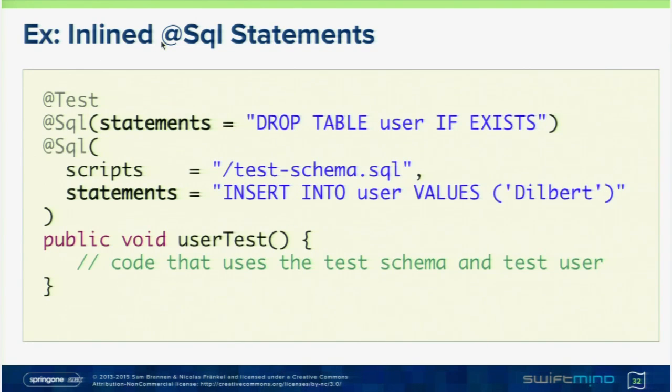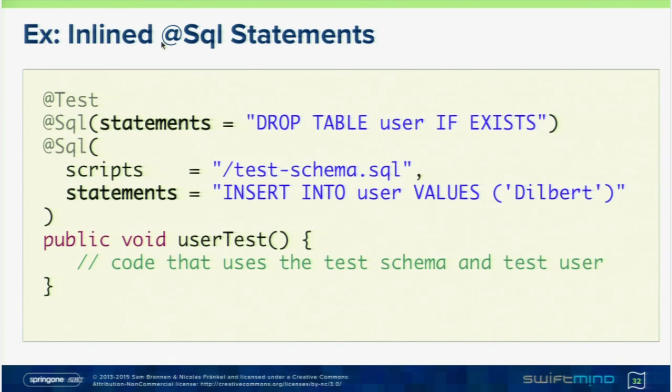So this is an example of the SQL statement. Those annotations will be processed sequentially. The first that will pass will be the drop table. And then for the second one, as I said, first you will run the script, test schema, and then it will run the statement. This is just a little gymnastic to have in your mind to understand in which order they will pass.